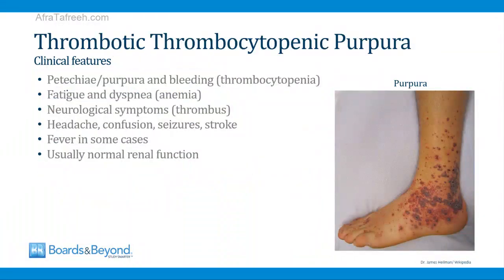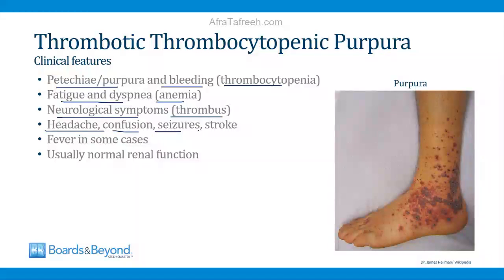In terms of clinical features, TTP can present with petechiae and purpura and bleeding, and this is all related to thrombocytopenia. Patients can also have fatigue and dyspnea from the anemia. And then thrombus formation in TTP often involves small blood vessels in the brain, so this can lead to neurologic symptoms like headache, confusion, seizures, or stroke. Fever is seen in some cases.